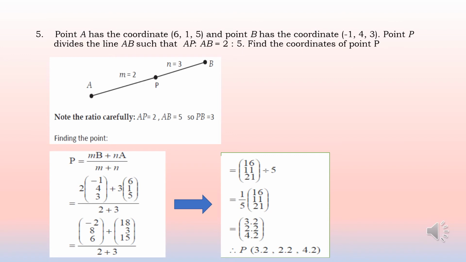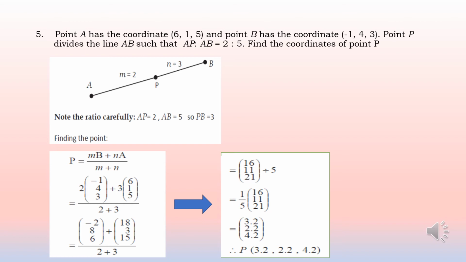Find the coordinates of point P. Now to find the coordinates of point P, the formula is (M times point B plus N times point A) divided by (M plus N). Now M and N here is the ratio in which the line is divided.